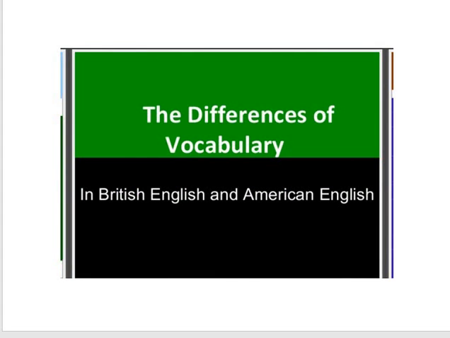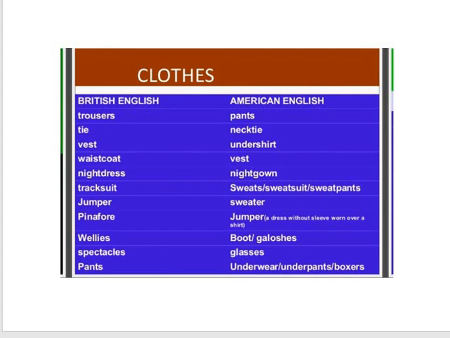The difference of vocabulary in British and American English. British English, American English. So, clothes, right? First, British English they call trousers, on the other side American pants. Tie, necktie. Vest, undershirt. Waistcoat, vest.